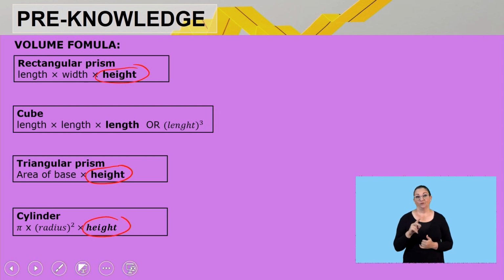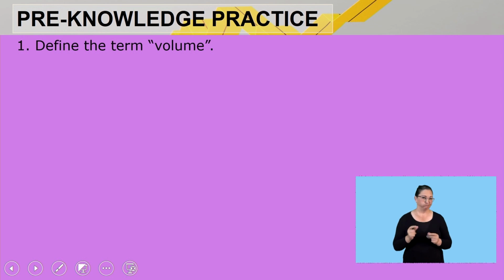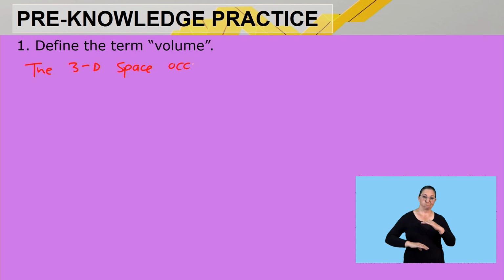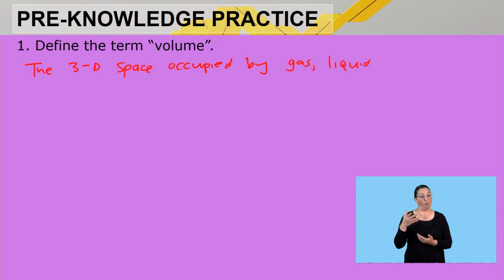Okay, so let us now do the quick practice together. Question number 1. Define the term volume. So what is volume? So volume is basically the three-dimensional space occupied, right, by either a gas, okay, it can be a liquid, okay, but it can also, all right, be a solid substance.